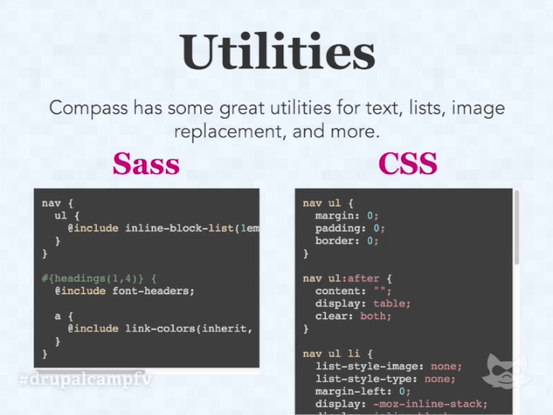My headings 1 to 4 here is first applying the font headers mixin, and then since I nested the anchors inside, I get a whole other set of rules for if my header is a link, if it was visited, etc. These examples kind of show the marriage of variables and the utilities and the mixin and the nesting.